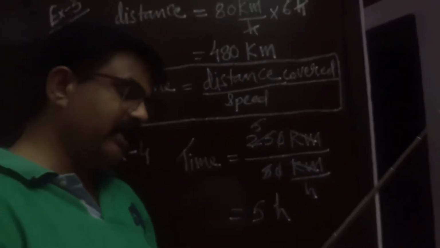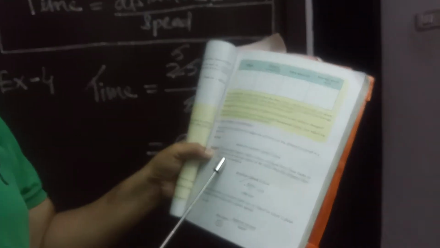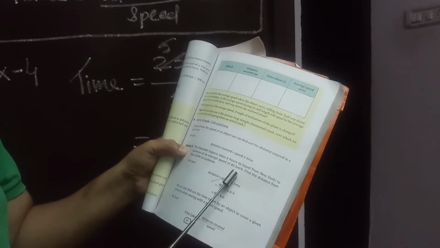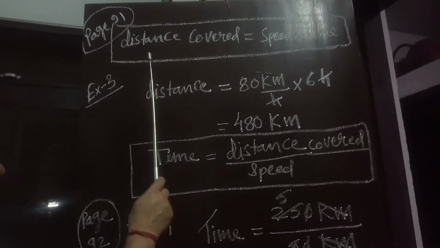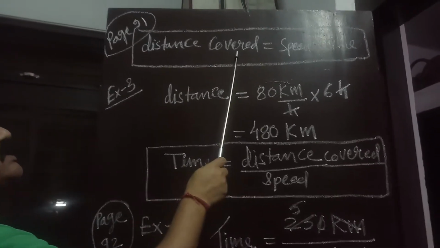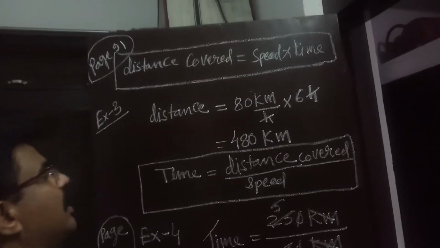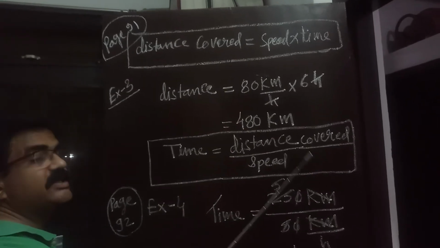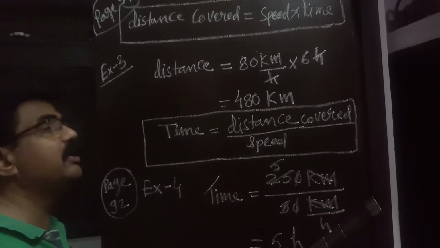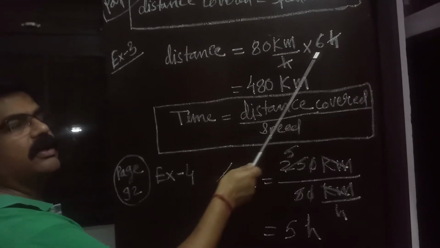The Shatabdi Express takes 6 hours to travel from New Delhi to Lucknow at an average speed of 80 km per hour. Find the distance from New Delhi to Lucknow. So look here. How do we calculate distance? Distance covered equals speed into time. You learn this formula. So Shatabdi Express covers the distance between New Delhi and Lucknow with a speed of 80 km per hour in 6 hours.